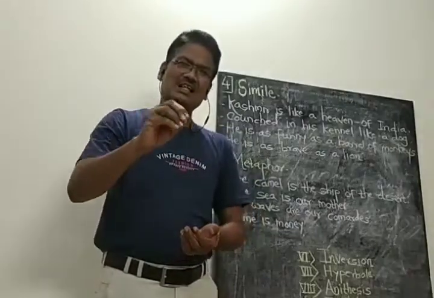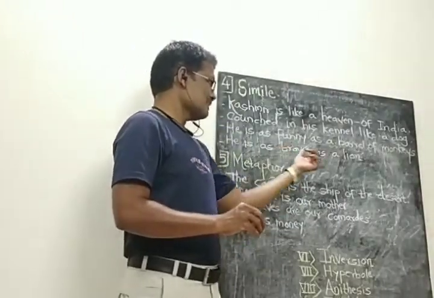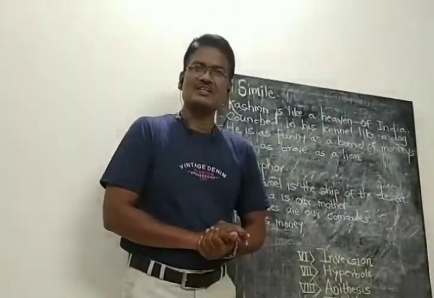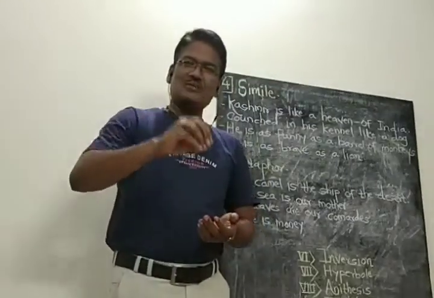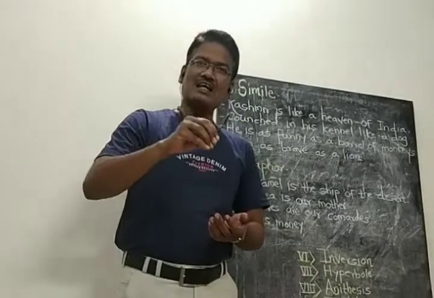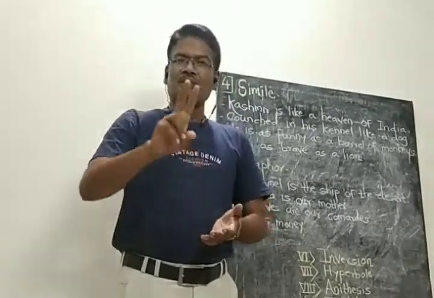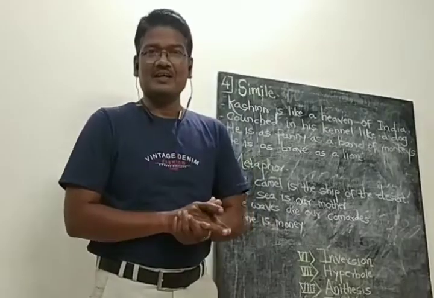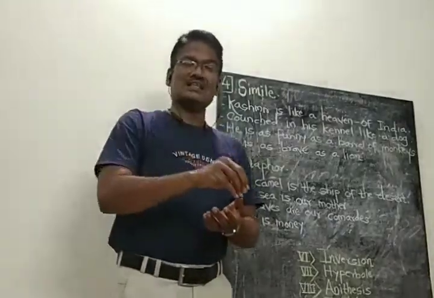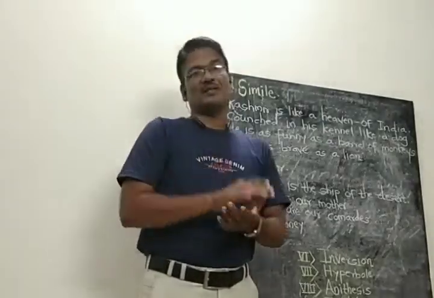In this sentence also, the word "as" is used. It is called simile. In short, in simile there is a direct comparison between two things which are different from one another, but having at least one quality common.